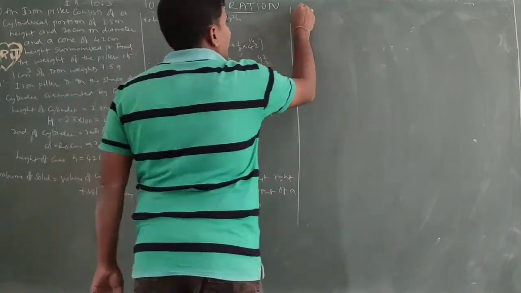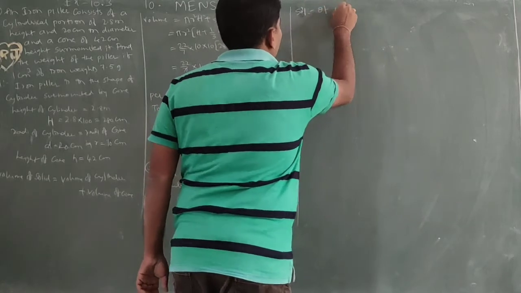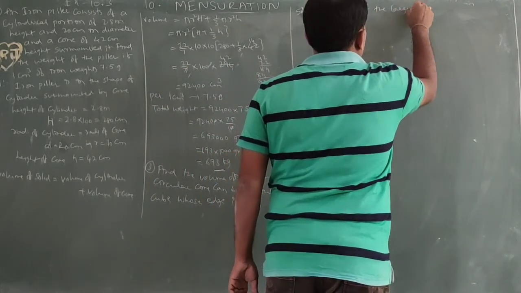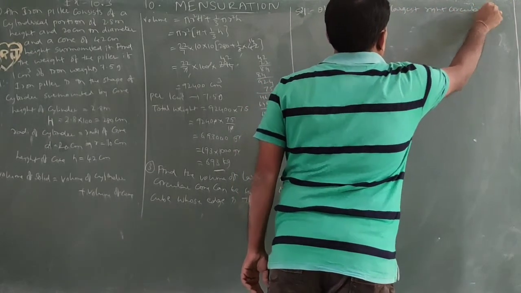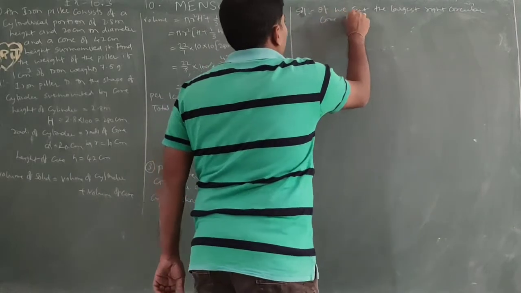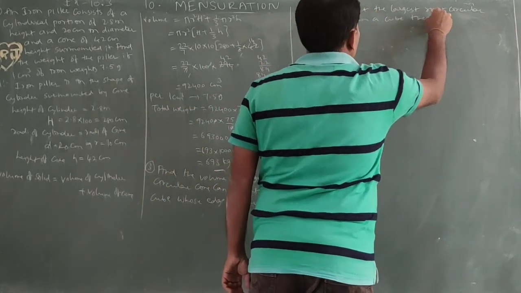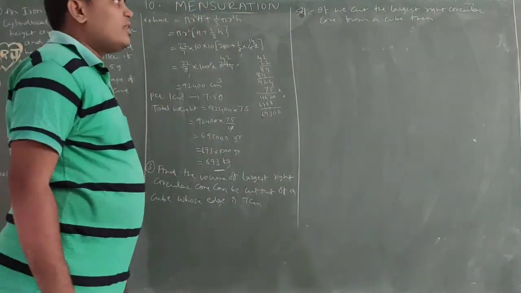Solution: if we cut the largest right circular cone from a cube, then what happens?